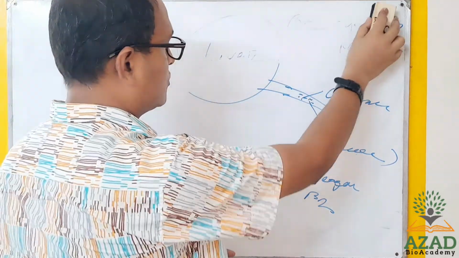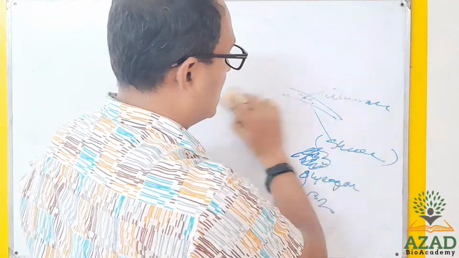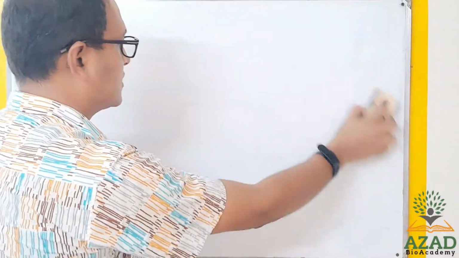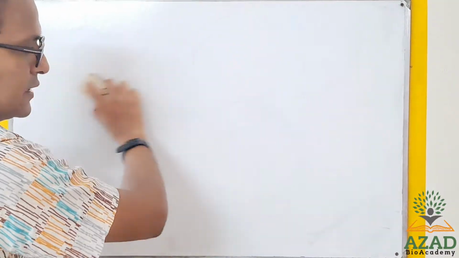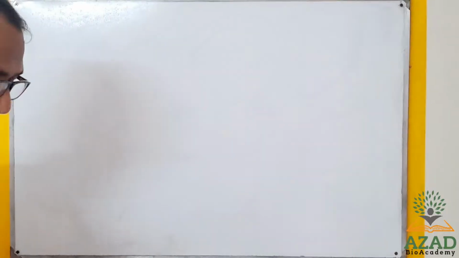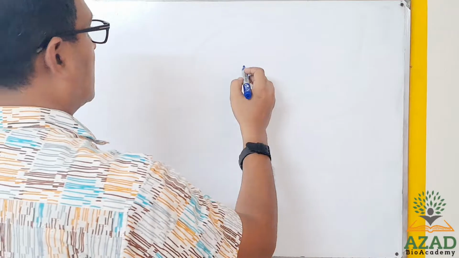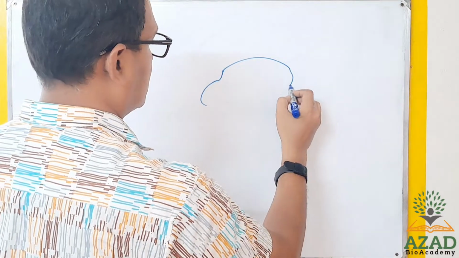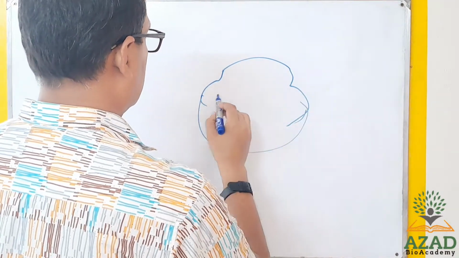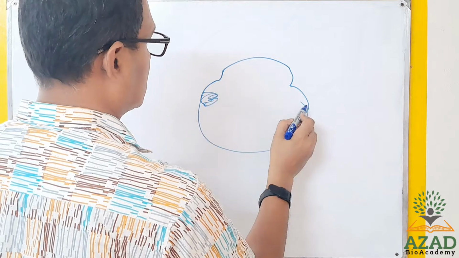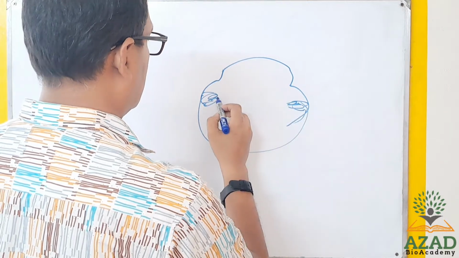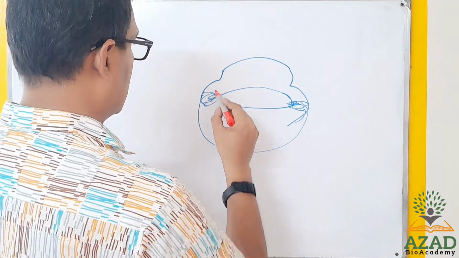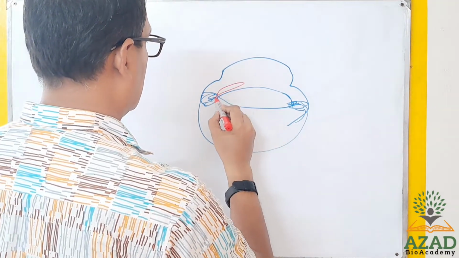Beta 2 is very rich here, and of course other receptors are also present, but the more functioning one in sympathetic mode is basically beta 2. Now I will go for the eyes. So in your eyes, here is your ciliary muscle, which holds your lens, and here is the radial muscle in your iris.